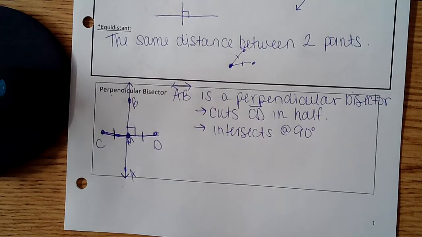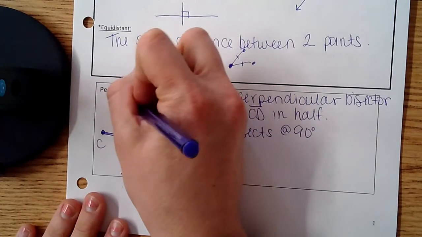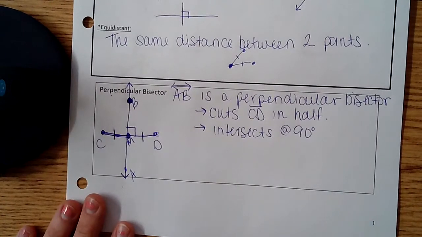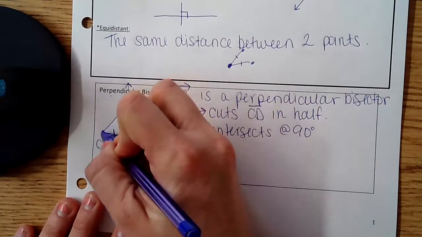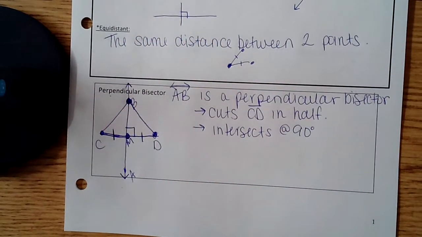Now here's the new information. Here's what we're learning and going to work with in this chapter. Since B here is on the perpendicular bisector, I can form a triangle by connecting it to the two points.